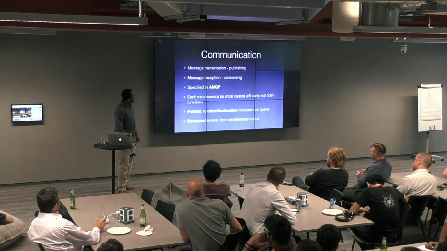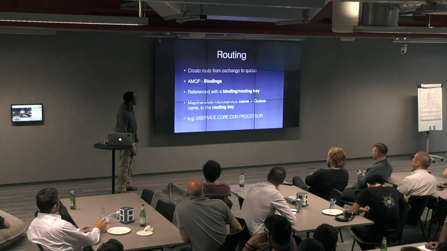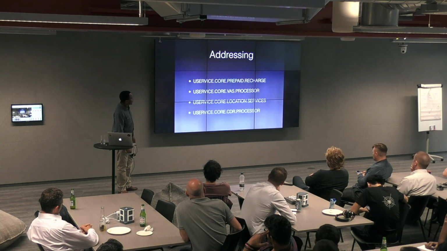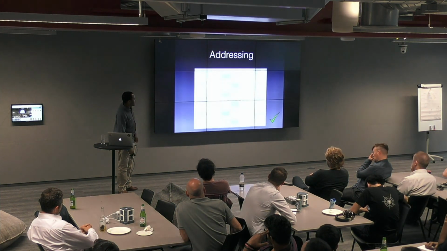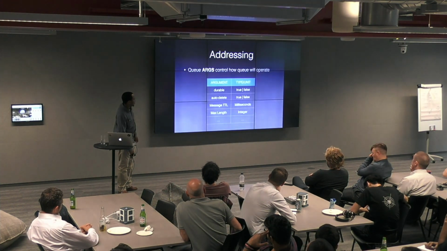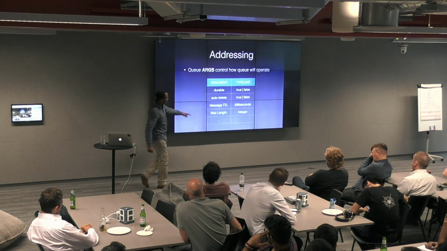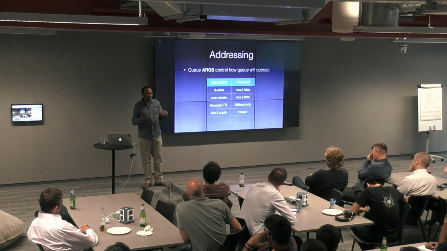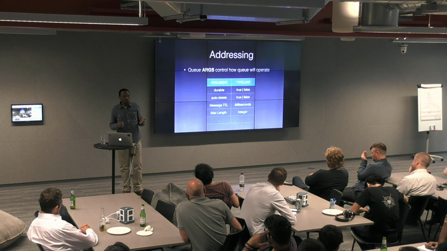So if you look at the queues, right? Sorry. So you can set queues to be durable, right? So when your nodes come back up, everything that you had is going to be retained, right? So you can set things like that.